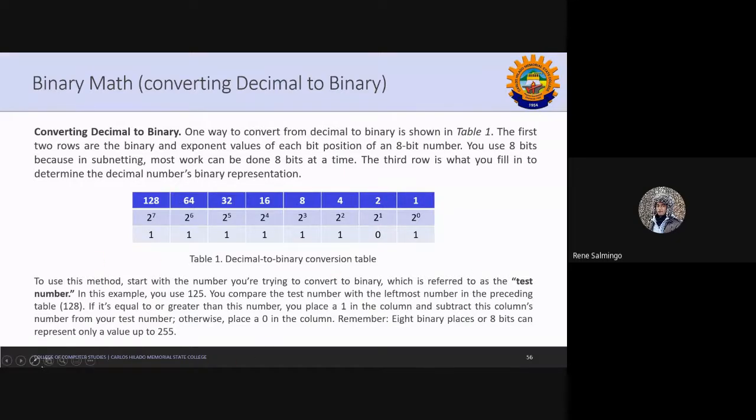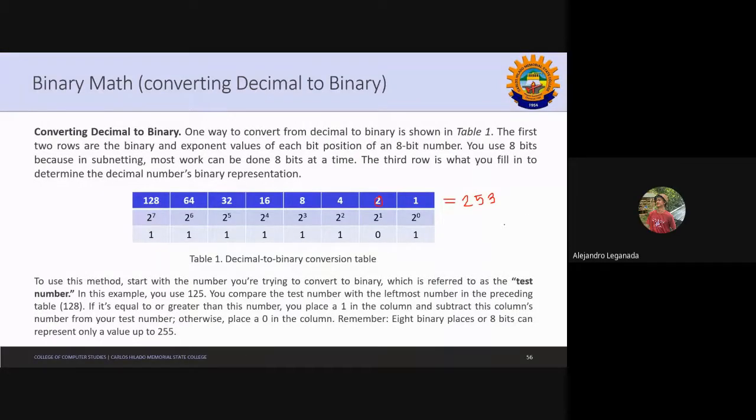I'll just write it here. Yes, because if you convert this 253 into values, how many do you have? 255. Exactly, 255 is the total.